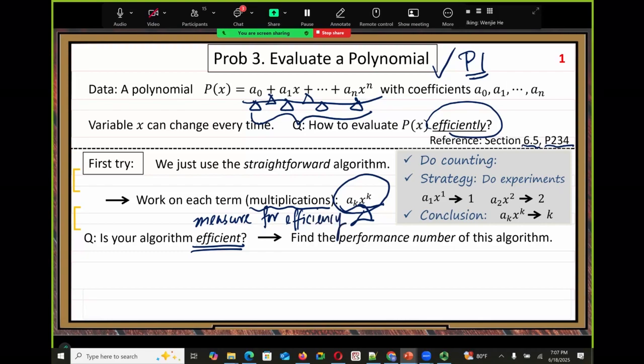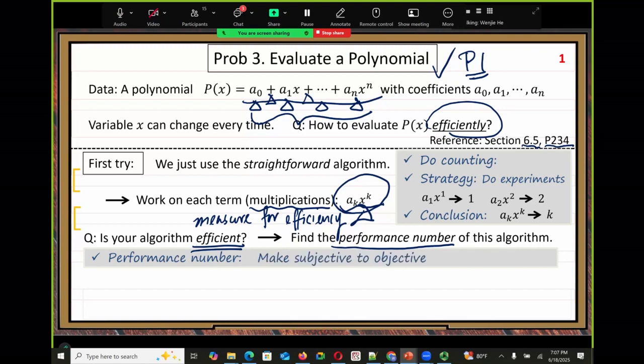How do you measure efficiency? Here, the measure is some performance number. We need some quantity to represent the efficiency.